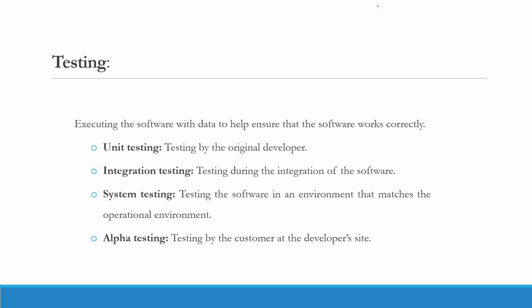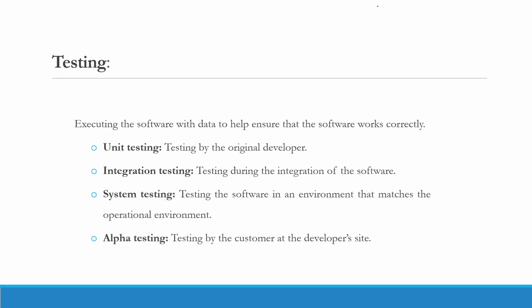If the integration test is okay, now there is system-wise testing. As the name indicates, this is system testing. When we say system testing, the tests are conducted in an environment that matches the operational environment.